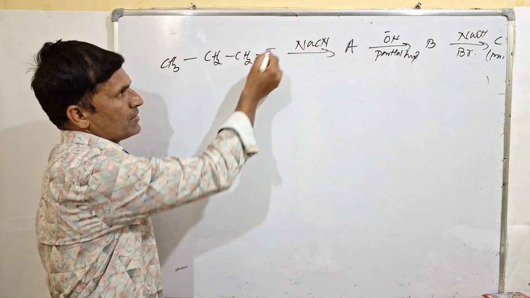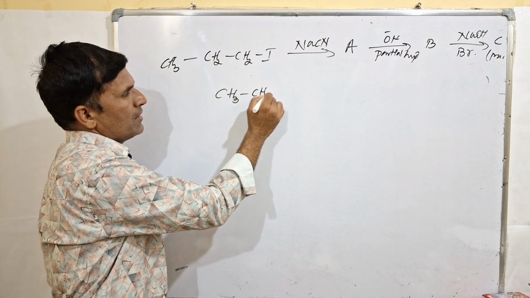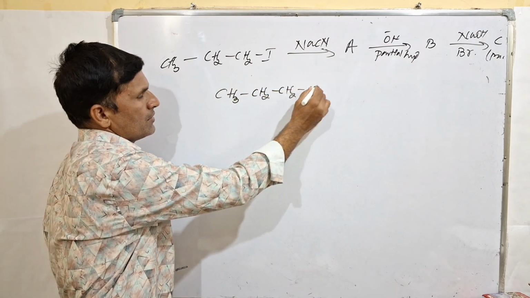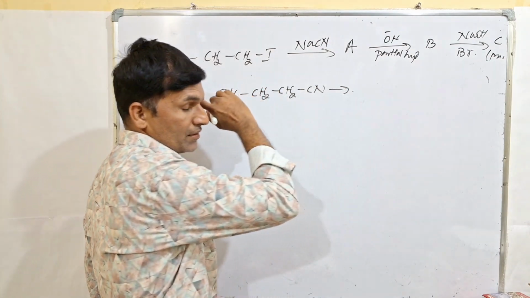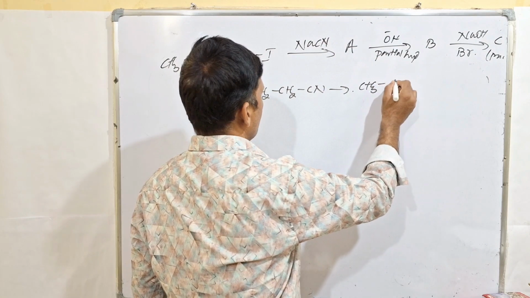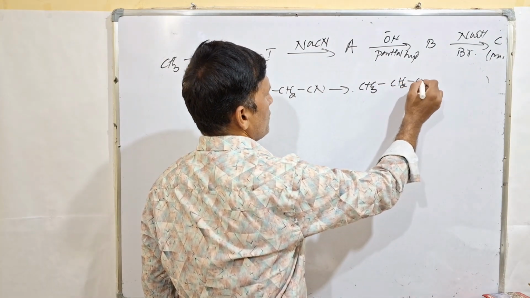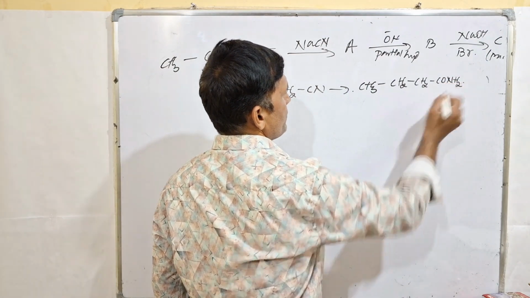Now you see here, first what happens. You will be getting A as CH3CH2CH2CN. And if you subject this to partial hydrolysis, you will be getting CH3CH2CH2CONH2.